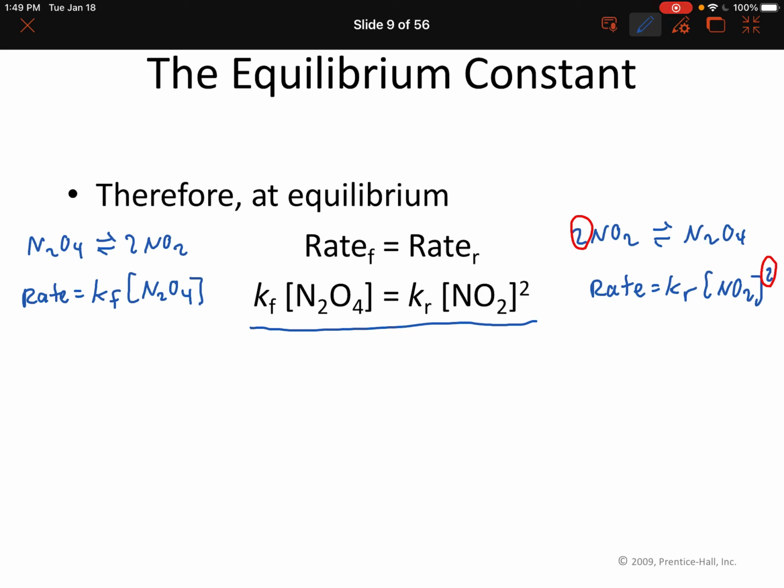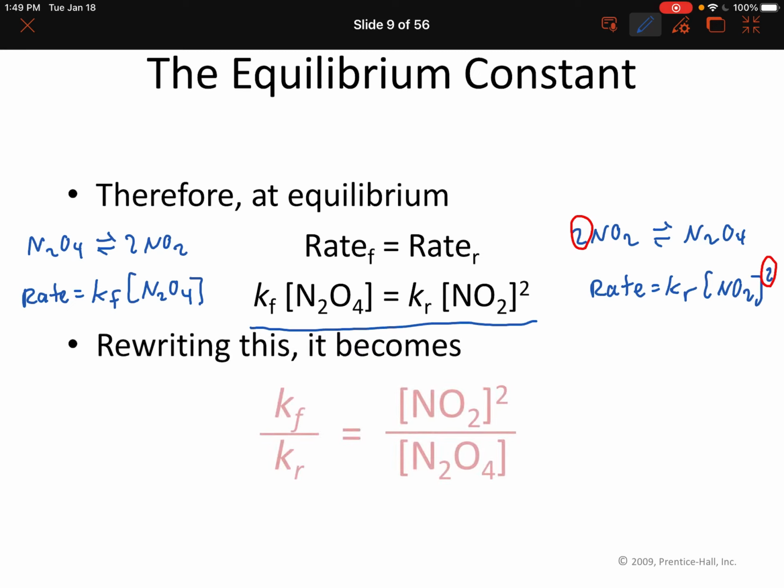Now we write this statement: if we're at equilibrium, these rates are equal, so these two expressions must be equal to each other. If we reorganize this to put the K terms on one side and the molarity terms on the other, this is the expression that we would get.